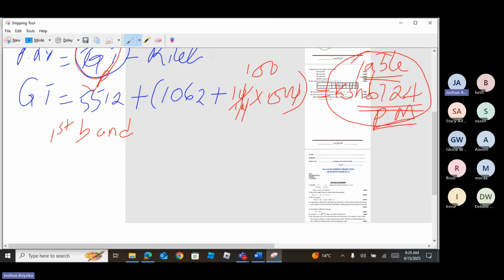So what is the amount in the first band? 1 to 9,680.